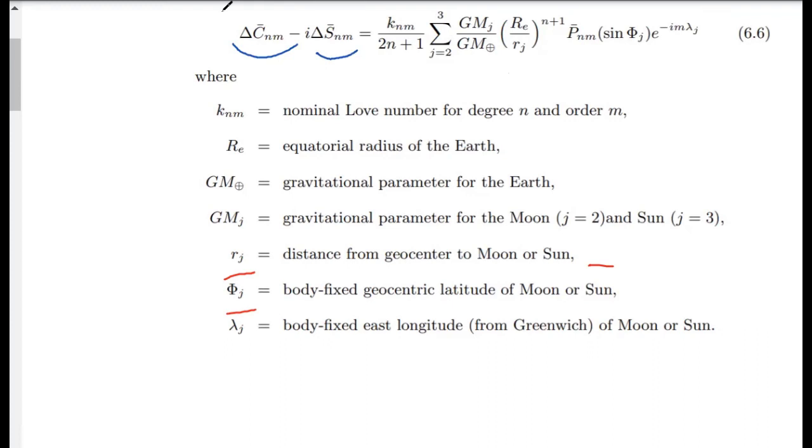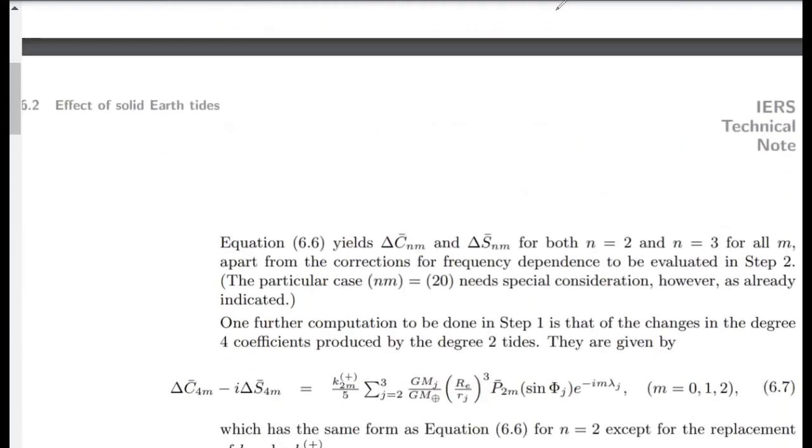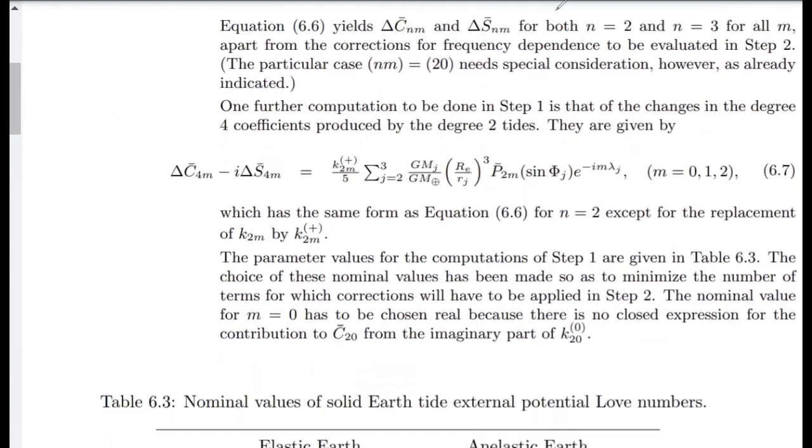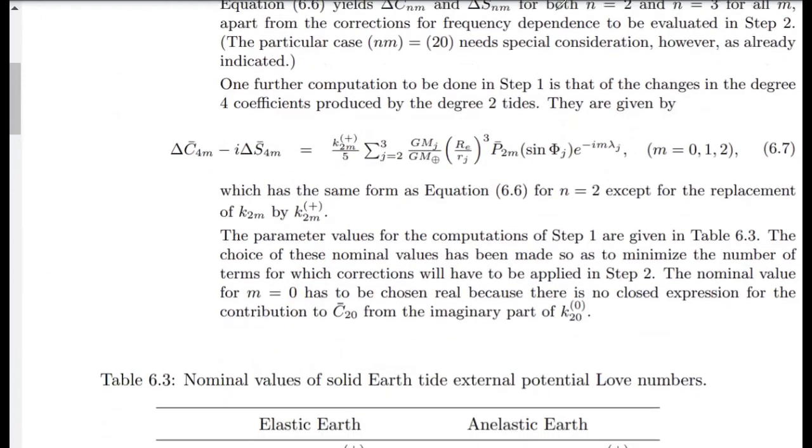Well, that's too simple, but we need to consider other things as well. Let me continue with you. We have another correction which is applied to the degree 4 spherical harmonics, as you see here, degree 4.